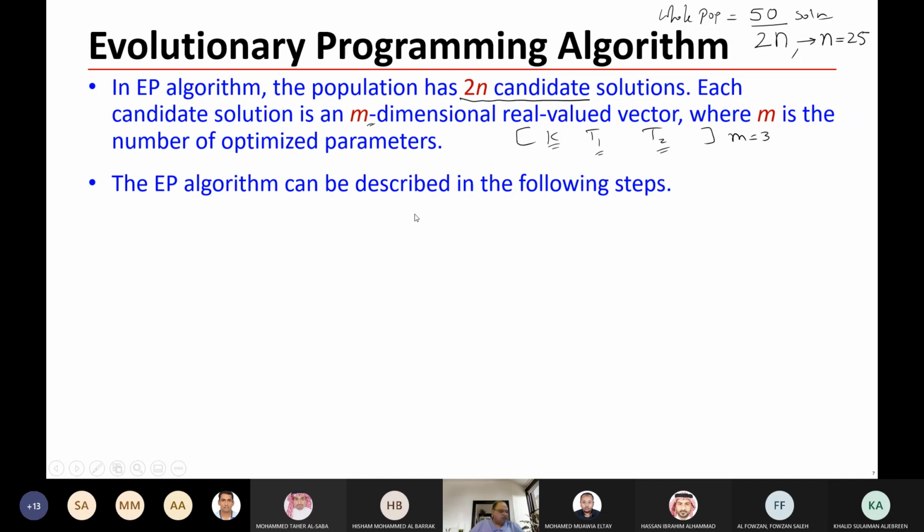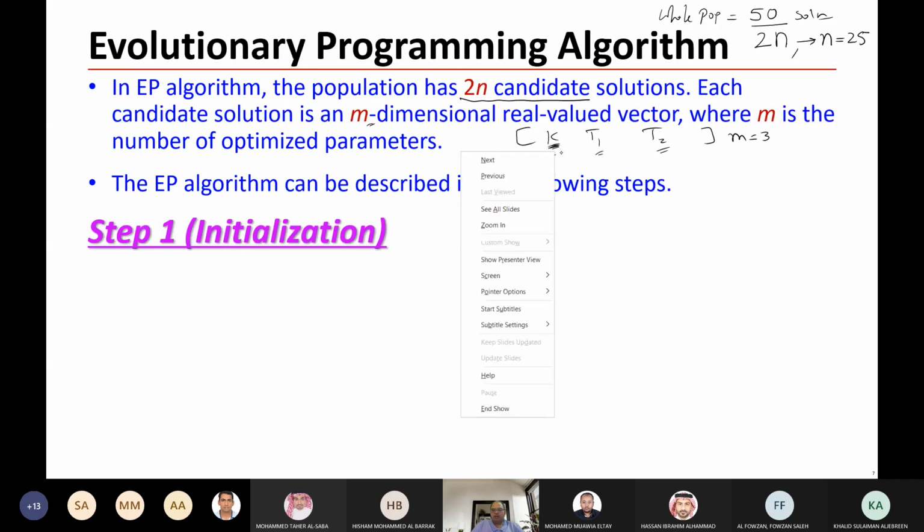Step number 1: similar to genetic algorithm, we have to start with the initial population, and this initial population is selected randomly over the search space. What is the search space? The search space is defined as the range of the optimized parameters.